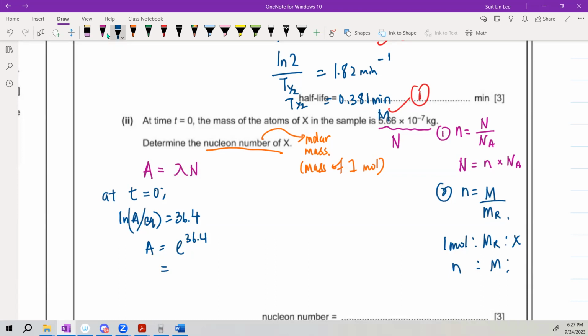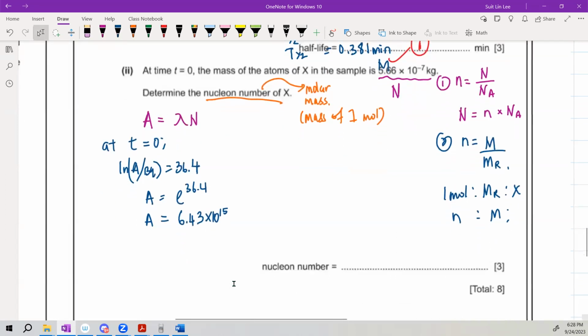So e to the power of 36.4. This is a lot: 6.43 times 10 to the power of 15. Okay. Next, I want to use it in A is equal to lambda N.